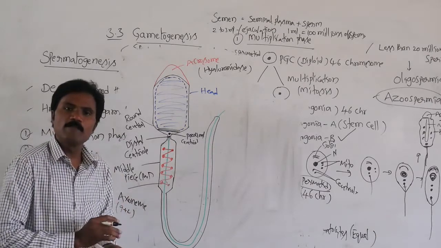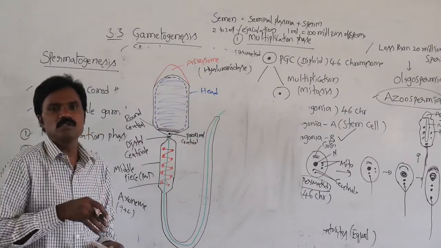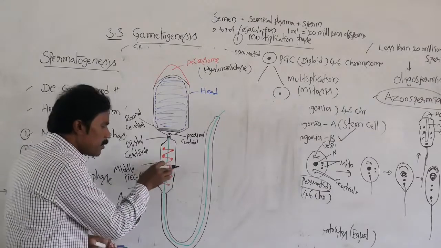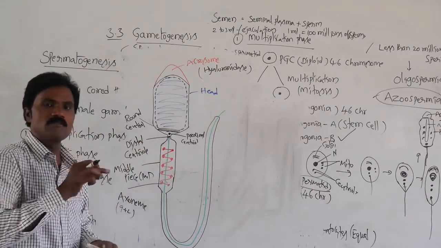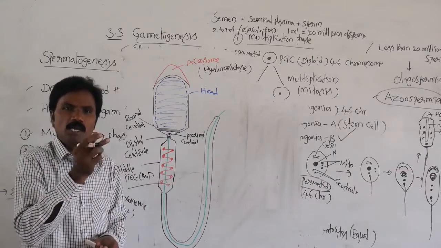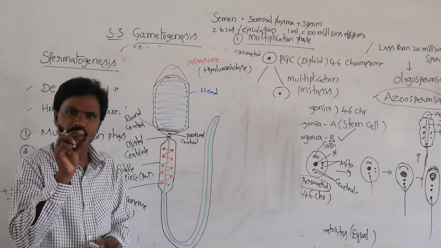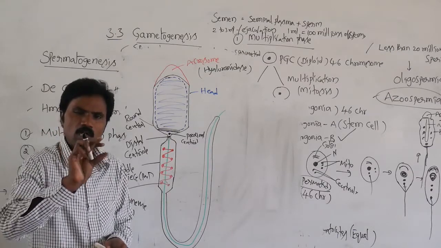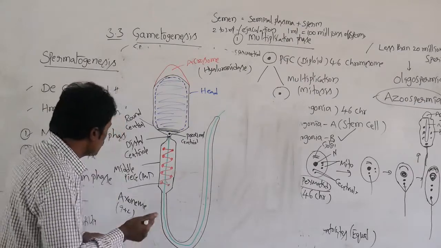It forms the specific flagellum to change the direction of the sperms. So the middle part of the spermatozoa plays an important role because of the spiral mitochondria which coil towards the axoneme. This we call the Nebenkern.